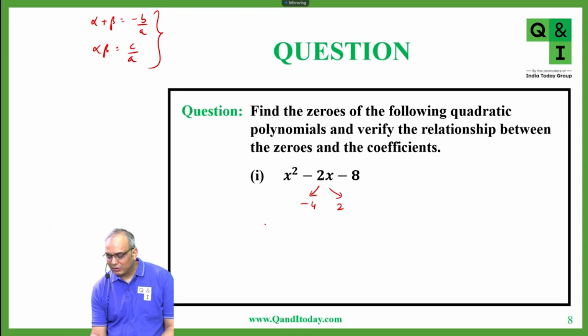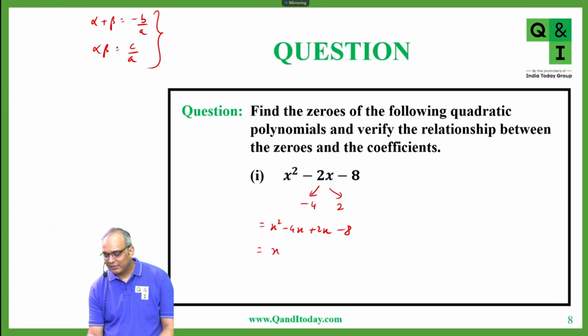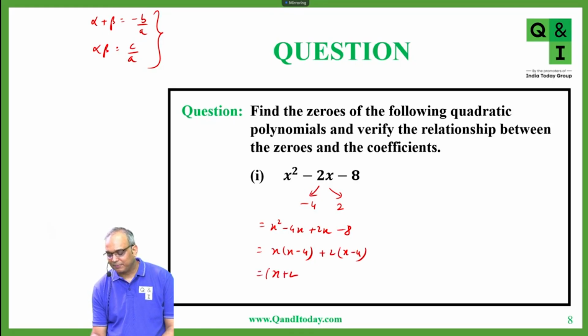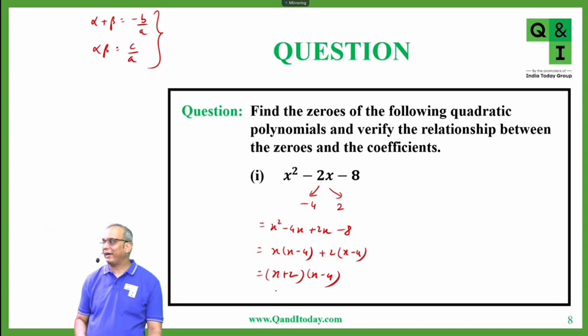So when you split this, you are going to get x square minus 4x plus 2x minus 8. Here you can take x as common, you will have x minus 4. 2 as factor, you will have x minus 4. So you will have x plus 2 into x minus 4. These are the two factors.